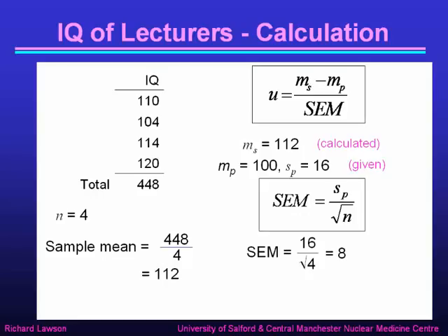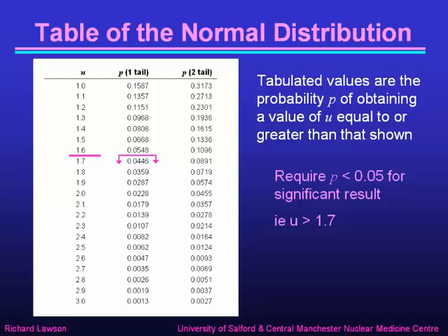Well, the population standard deviation is 16, n is 4, so that's 16 over root 4, 16 over 2, which is 8. So u is 112 minus 100 over 8, which comes to 1.5. So we have a u of 1.5.